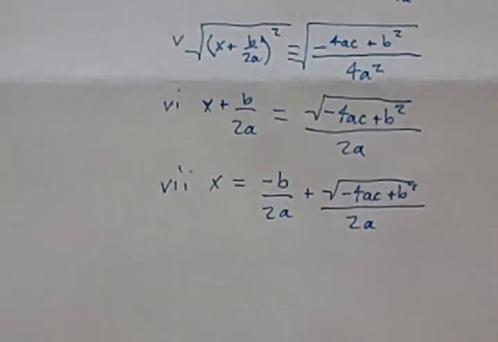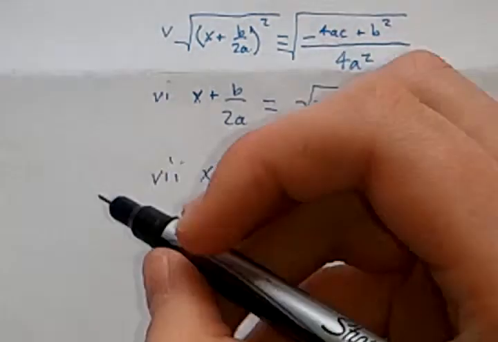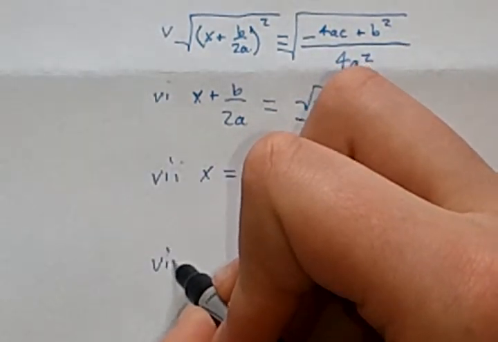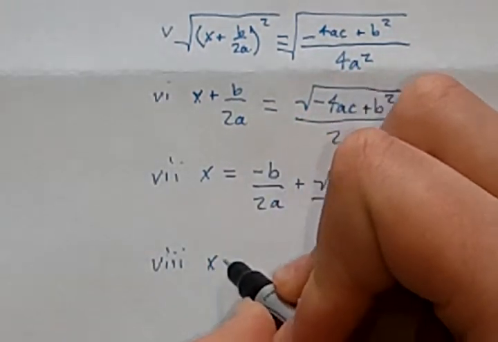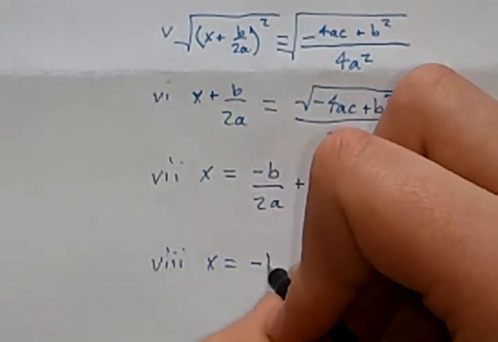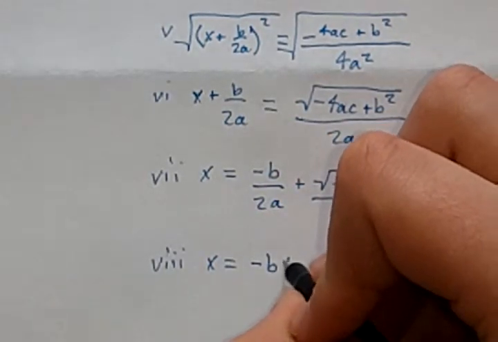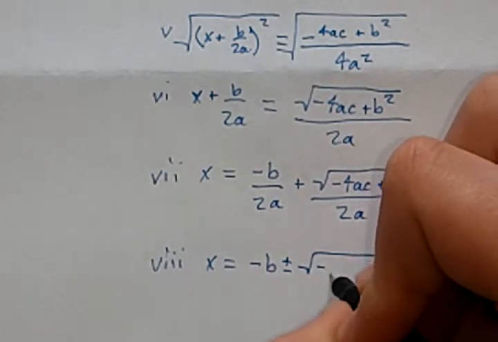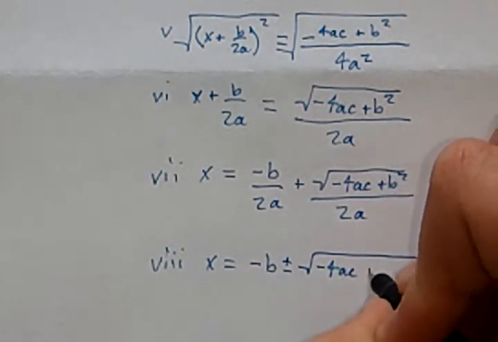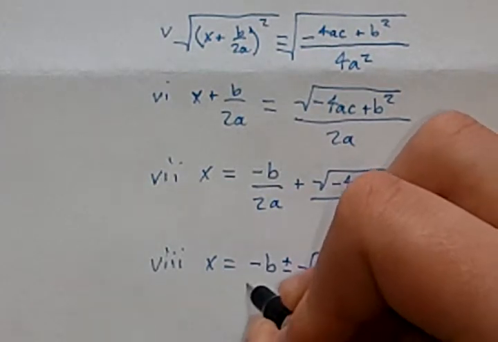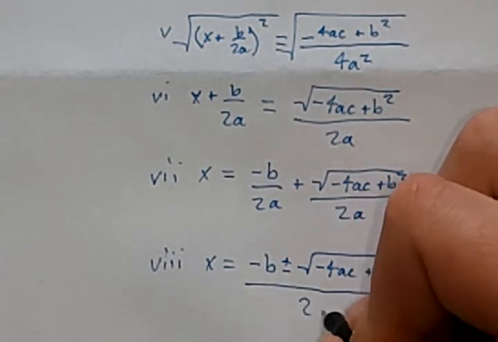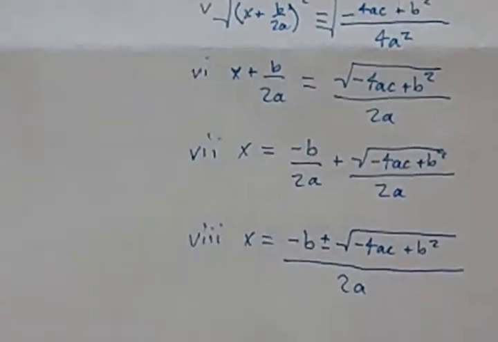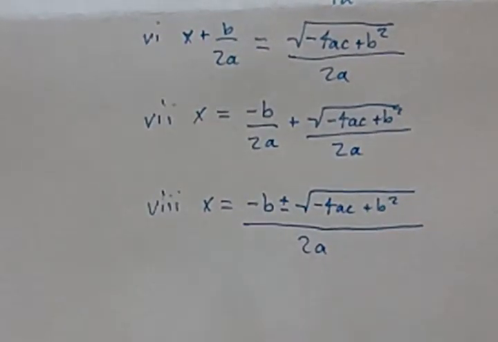And when we have our like denominators, we can add the numerators. So we have x equals negative b plus or minus the square root of negative 4ac plus b squared over 2a. And that is how we derive the quadratic formula.